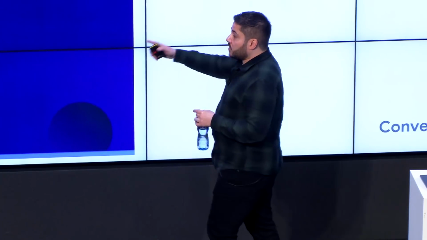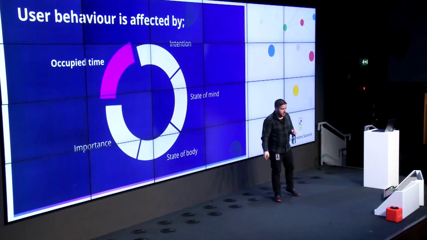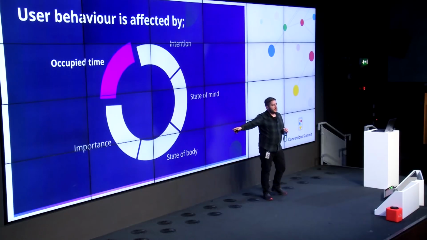If it's a life or death situation, you're going to wait. And there's many stories in the industry where people are looking for the address of a local hospital and they can't find it because a lot of the websites are not customized for that. So importance is like a weird catalyst. And we don't really want to force our users to be in that kind of bucket of behavior, because we want to make sure that even the ones where the experience is critical for, that we still optimize for that.